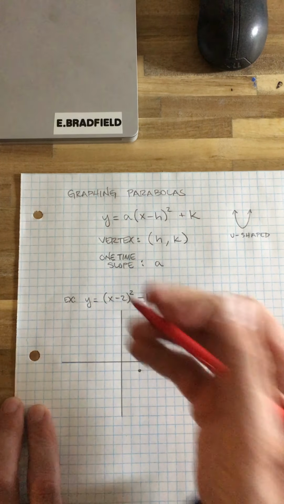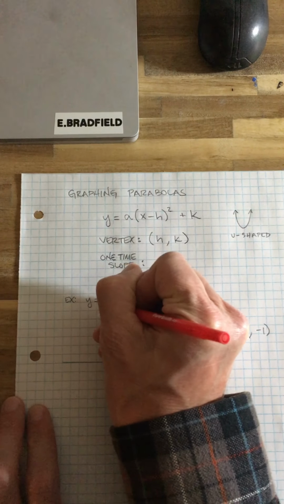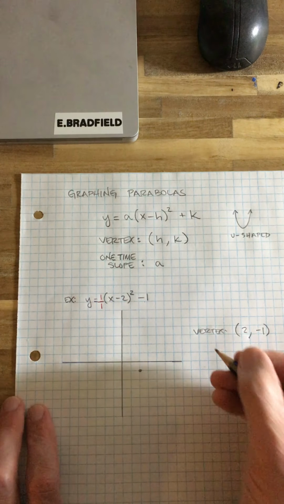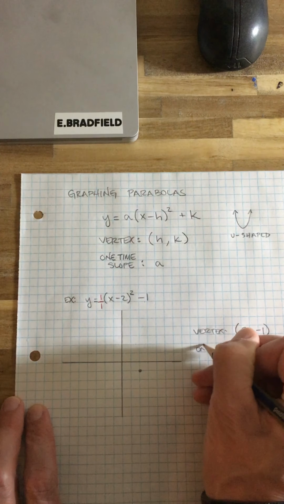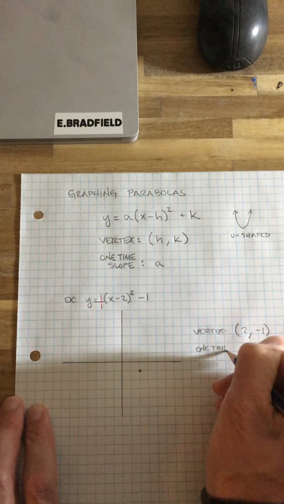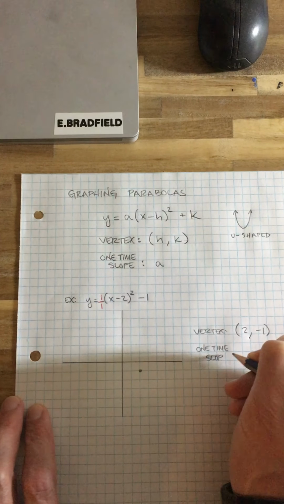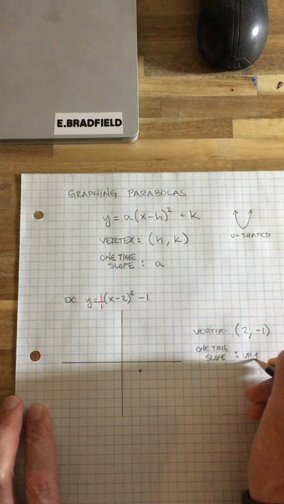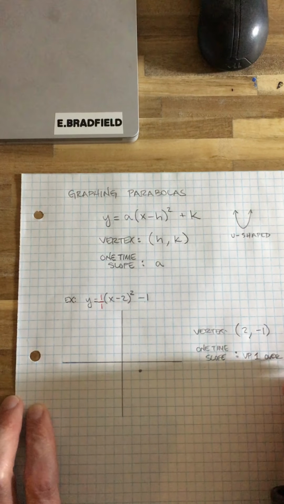That's right, I have to put 1 over 1. Okay, all right, and that's up 1 over 1. So my one-time slope is up 1 over 1.